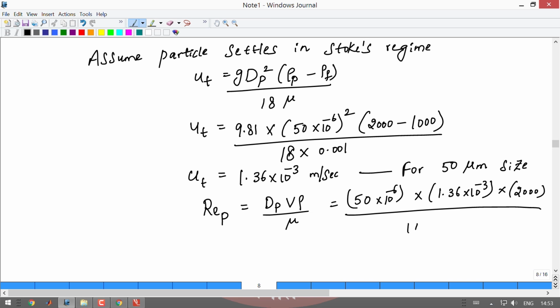Sorry, this is the density of the fluid. So, it is 1000 kg per meter cube, and viscosity is 10 power minus 3, and we get Reynolds number as 0.068, which is less than 2. So, our assumption of Stokes regime is correct.